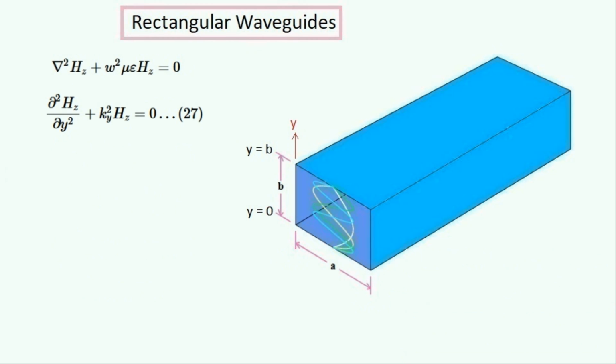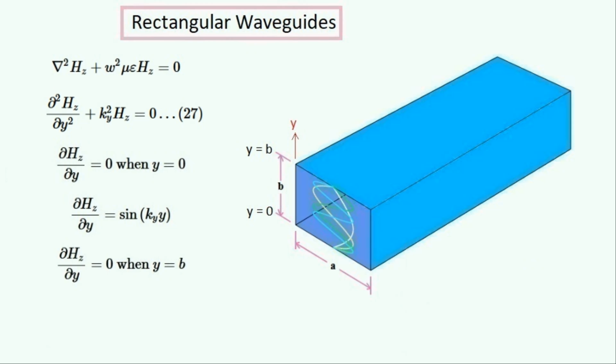We can now start to solve this equation in the y direction, being the up and down direction. This partial differential quantity must be 0 at the bottom wall when y is equal to 0, and it is found to be equal to this sine function. This quantity is also found to be 0 at the top wall when y is equal to b.